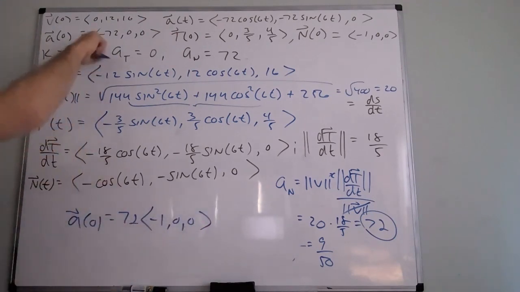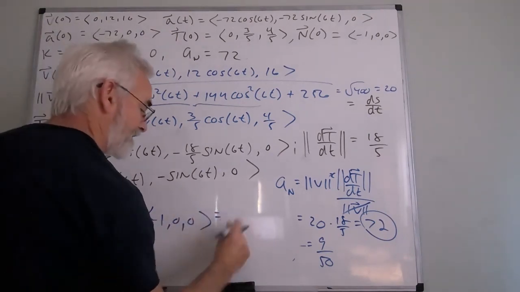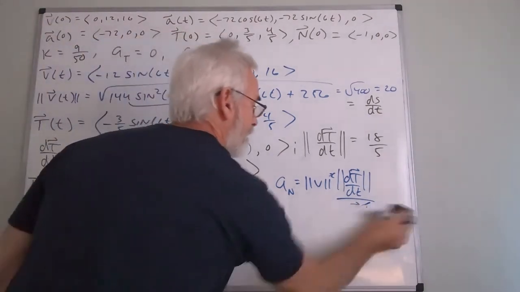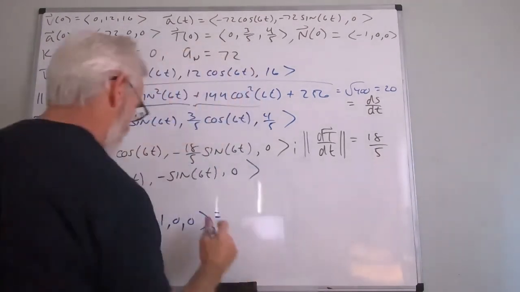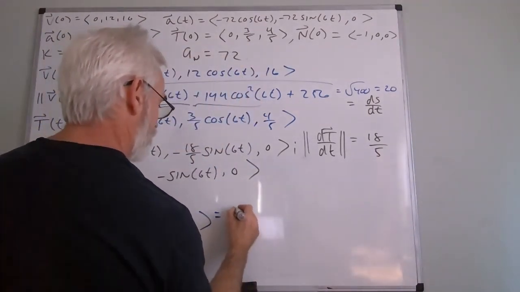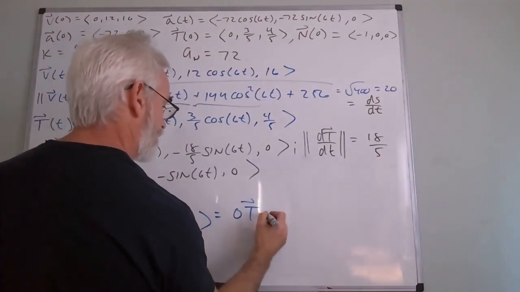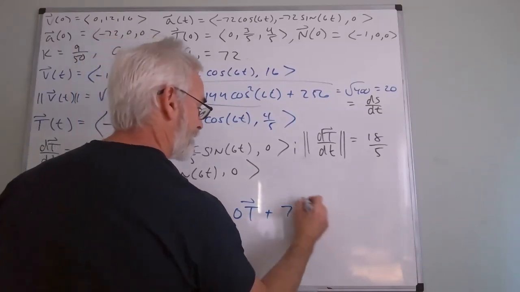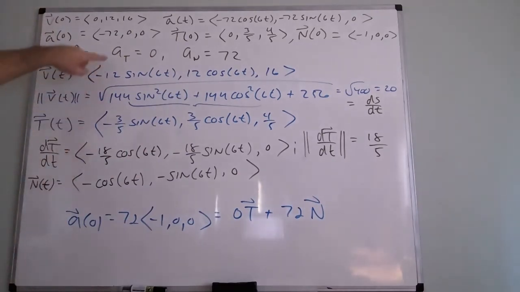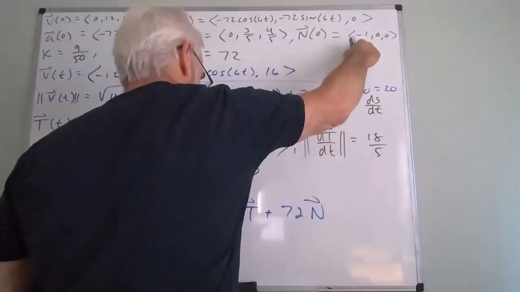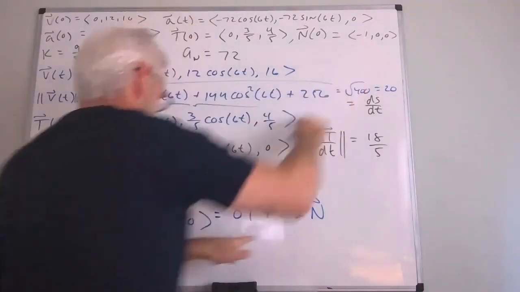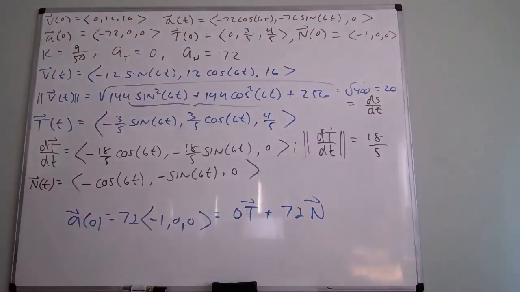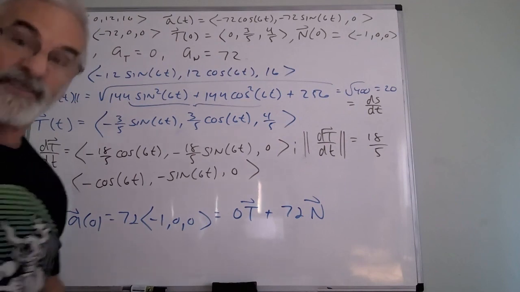And isn't this 0 times my unit tangent plus 72 times my unit normal? That's beautiful. Everything worked because there were no mistakes.